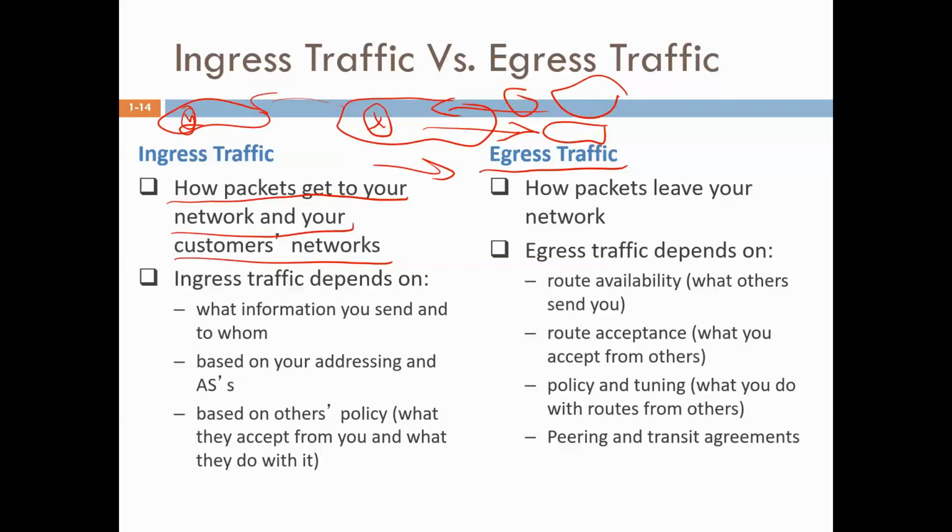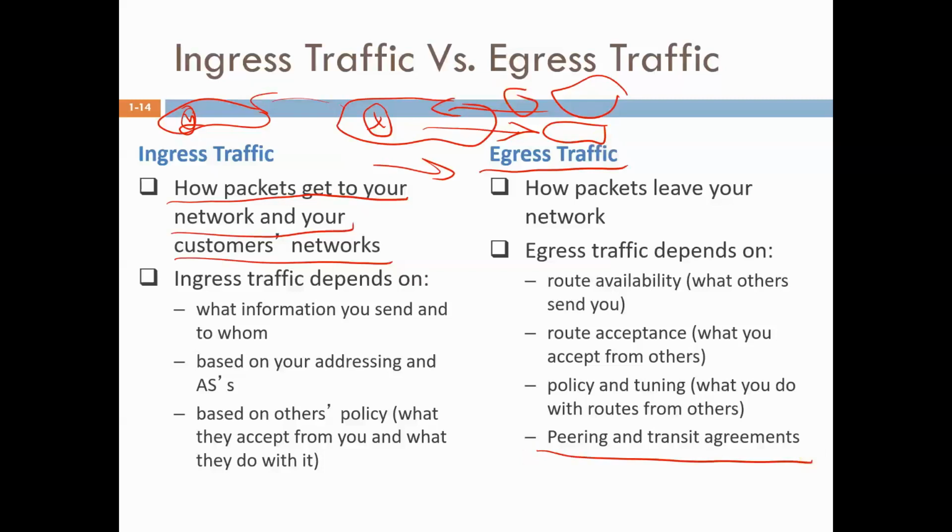I cannot control the announcements made by other autonomous systems. So autonomous system X cannot control the announcements made by autonomous system Y, which means that I don't have full control over how the traffic will leave my network. I don't have full control over how the traffic will be sent over the internet. Okay? Which is why every autonomous system needs to make agreements, as we will see in a little bit.